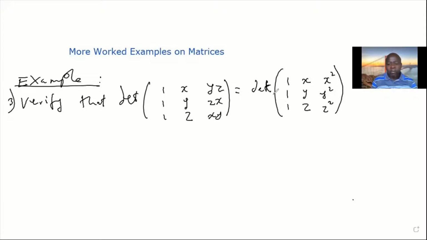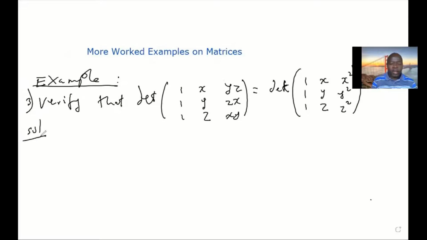But that is not the way I want to do it. The way I want to do it, I just want to work on this determinant, the one on the left, simplify it, and see that I get what is on the right. So I begin with what is on the left. I want to work on it and see whether I can get what is on the right.